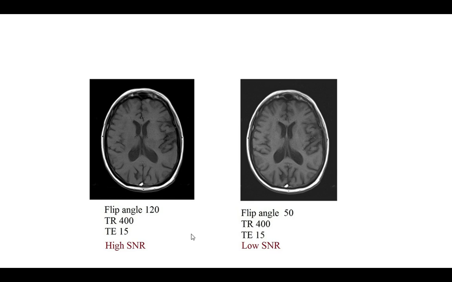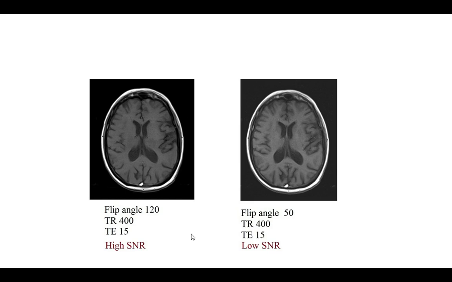Remember I mentioned you don't necessarily have to do flips as strong. Now you'll see here I've got the TR, that's the time till you do your next pulse to measure it again, and TE is the echo time. You can see I keep those the same.